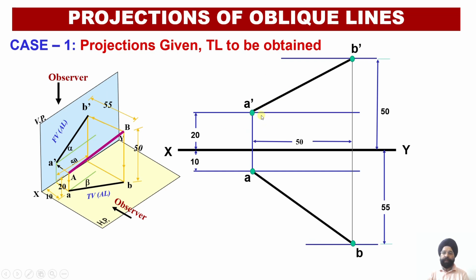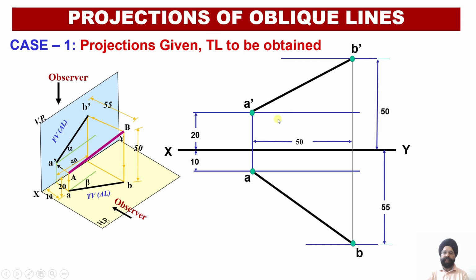Now this line is oblique because the distances from HP and VP for the two ends, that is A and B, are not equal to each other. Similarly over here also, the distances of the plan from the vertical plane are not equal.